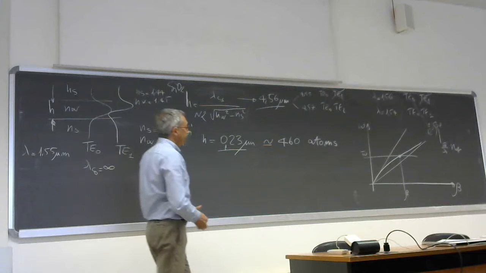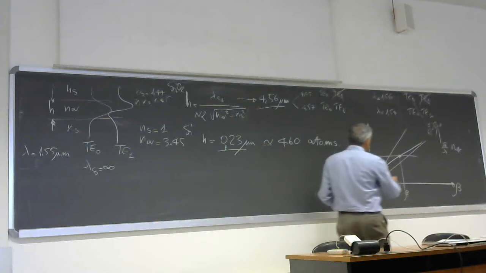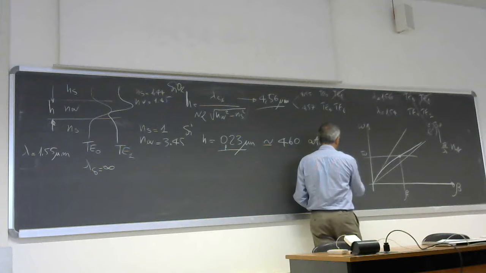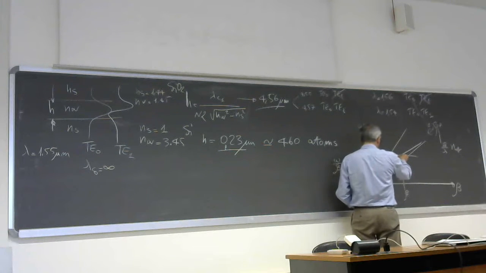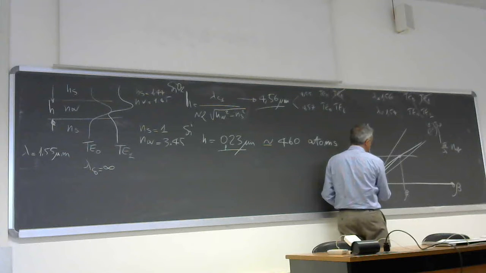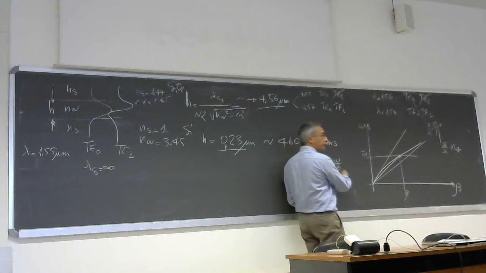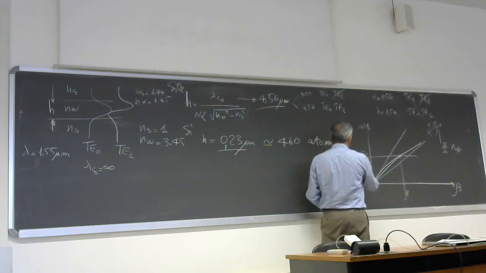For this reason, it's very important. Now the ratio between omega and beta is the slope of this segment. The slope of this segment, omega over beta, is the phase velocity.